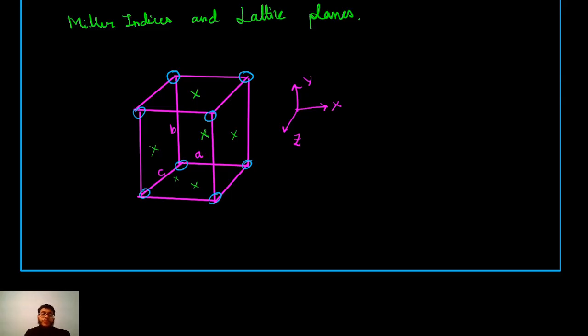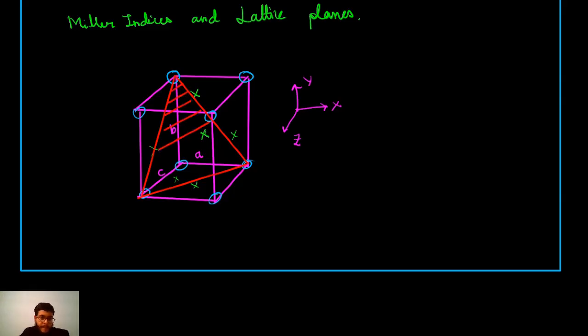Basically, we are going to see how we can specify a plane. Let's say there is a plane which is cutting through this cube. We need some language to specify the plane, the parameters we need. For example, we have a plane which cuts through the cube like this.